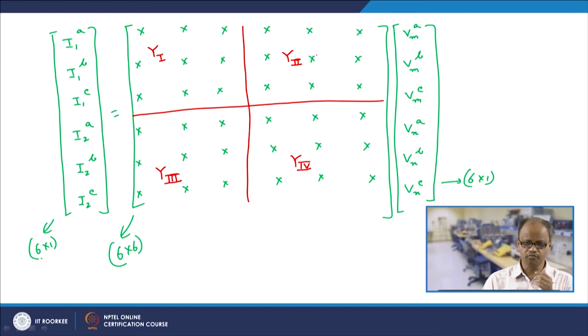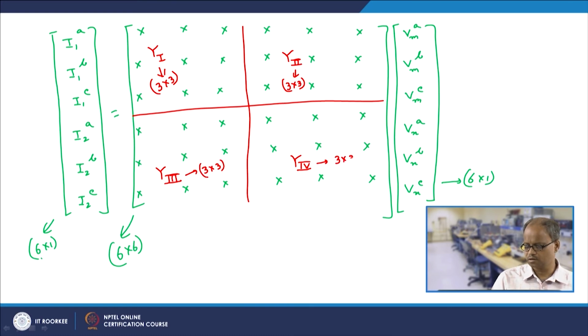But right now, for the purpose of our analysis, let us assume that for a given particular transformer connection, these matrices y1, y2, y3, y4 are all known, and we know that these are all 3 cross 3 matrices.